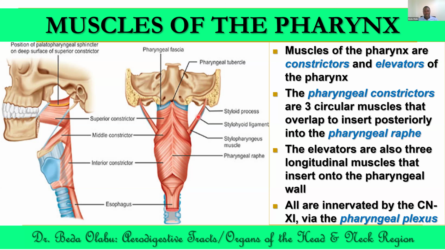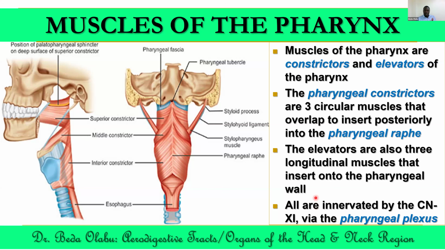And we also have the cricopharyngeus part of the inferior constrictor being innervated by the recurrent laryngeal nerve, a branch of the vagus nerve. So other than those two, the rest of the musculature are innervated by the pharyngeal plexus.